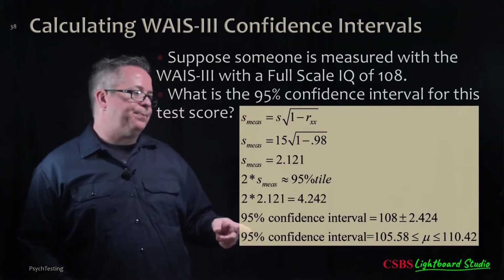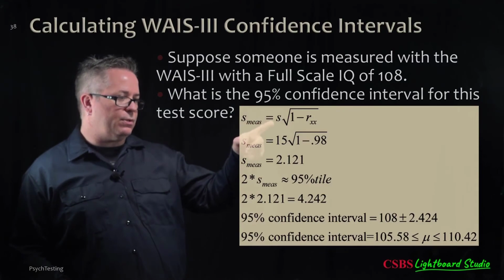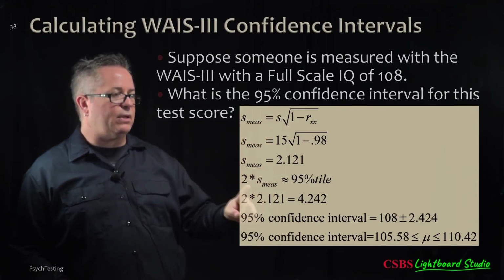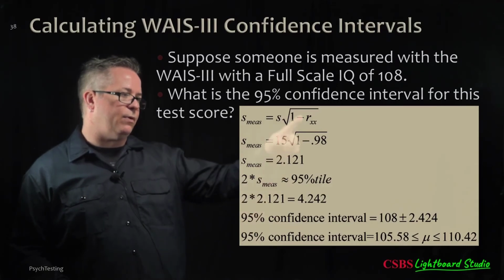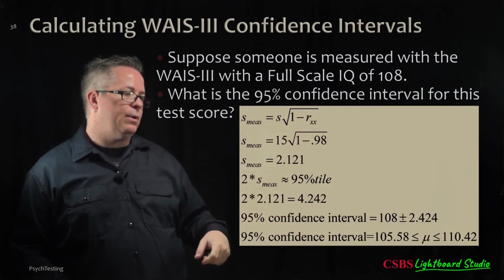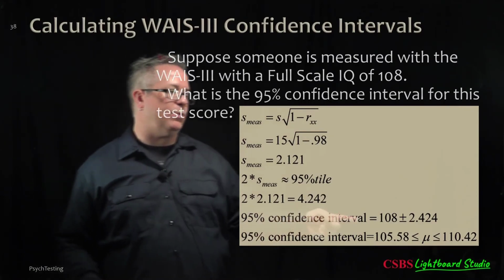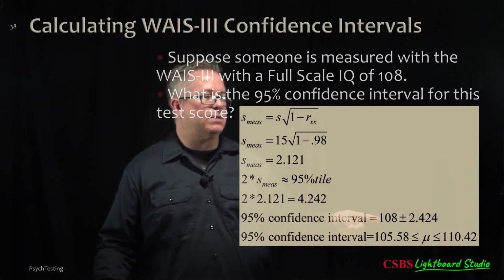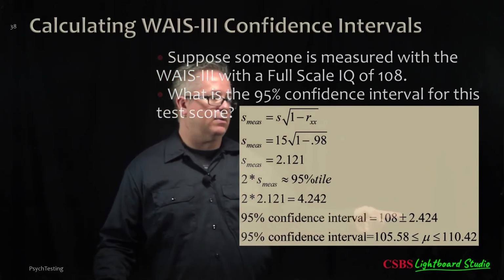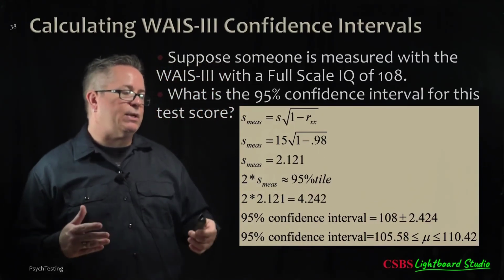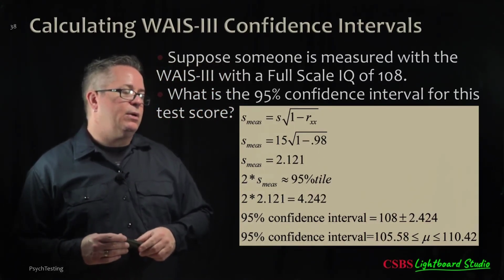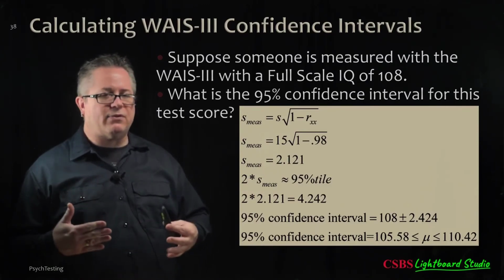So if a person's score is 108, you can figure out that their confidence interval around that score is somewhere between 105.58 and 110.42. Suppose someone's measured with the WAIS-III and a full scale IQ of 108, you can figure out the 95% confidence interval around that test score.